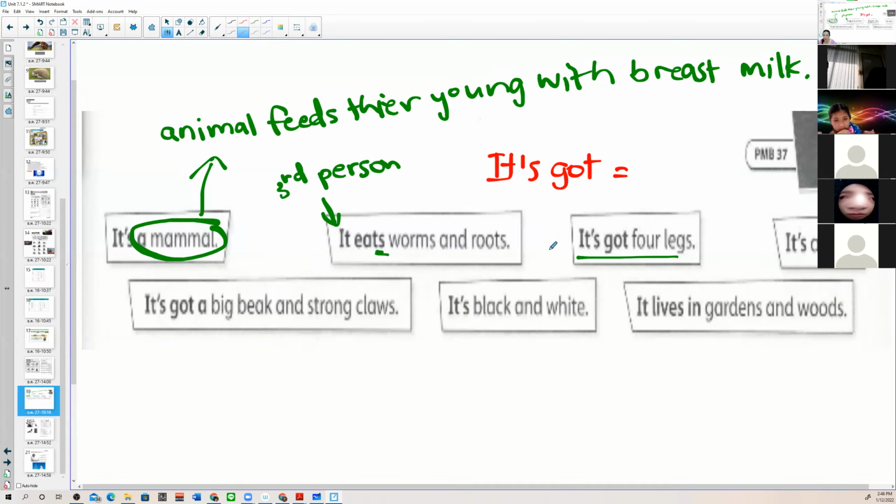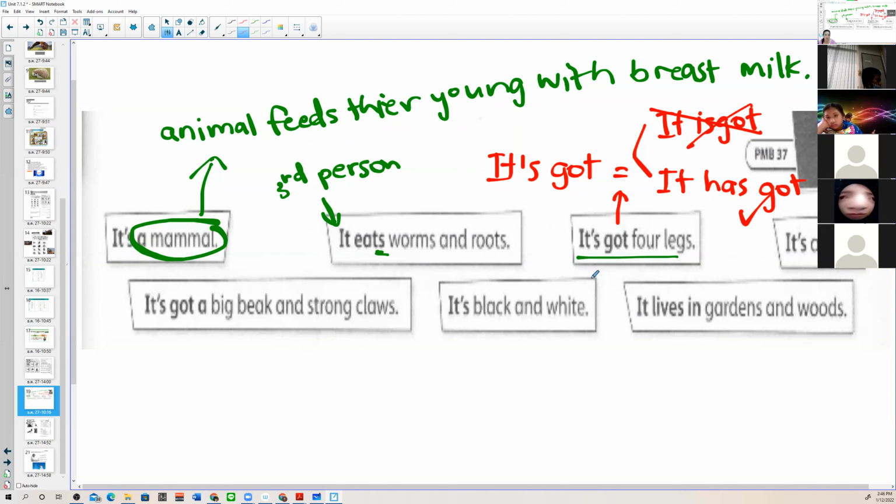What is it short for? 1, it is got. Or 2, it has got. Which one is correct? From this sentence. Yes, this one, it has got. This one is wrong. Okay, so it has got.